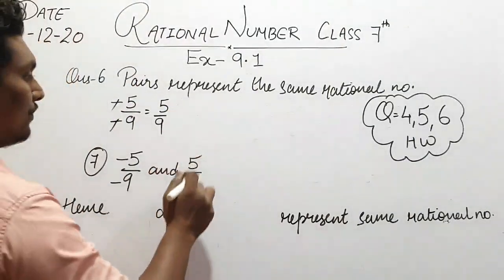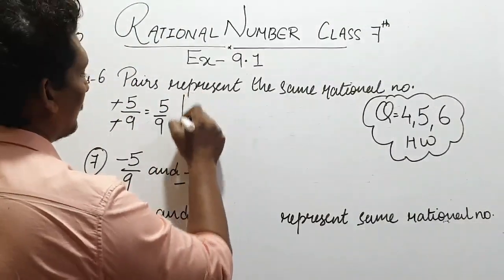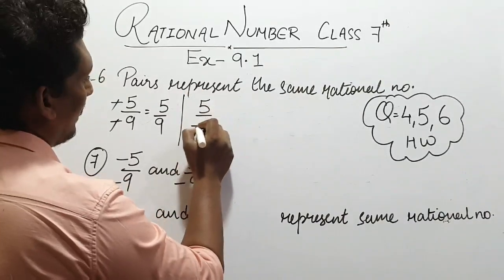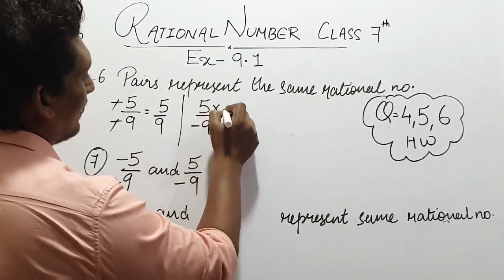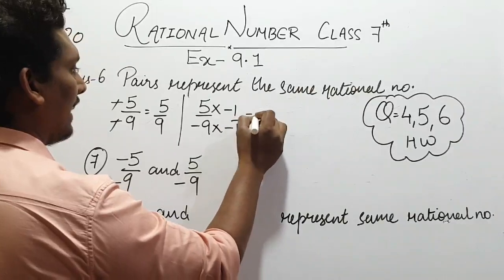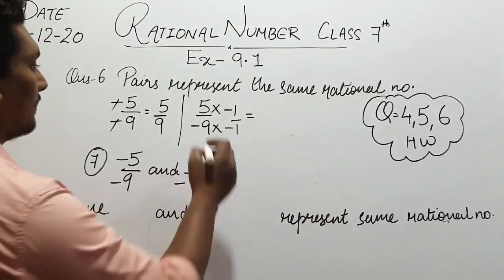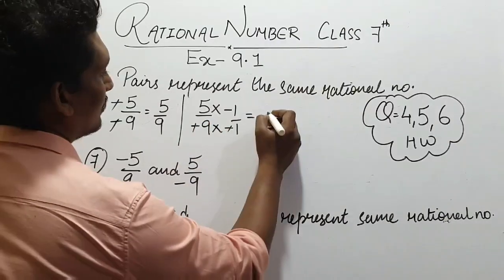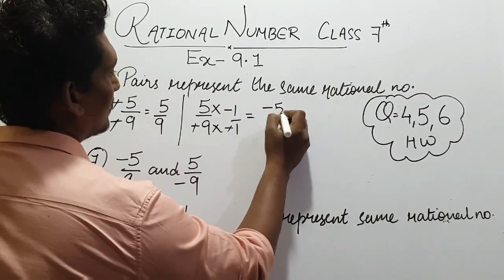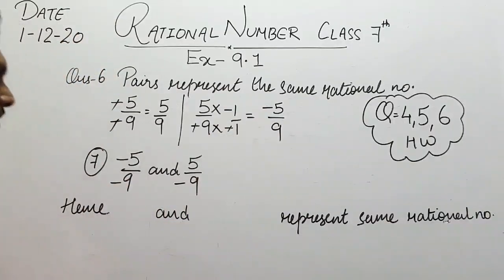Next, 5 by minus 9 we will multiply with minus 1 and minus 1, so that we can replace this negative sign. So this gets cancelled and it will become minus 5 by 9.